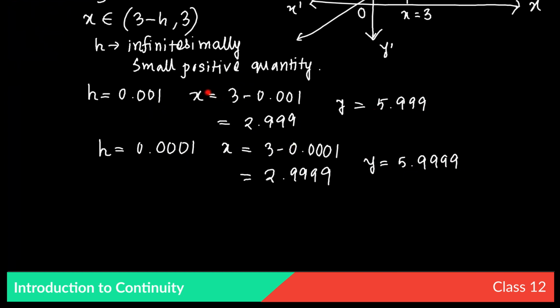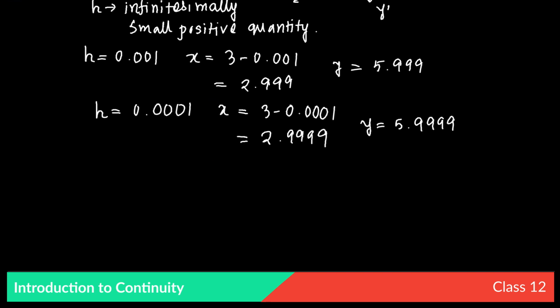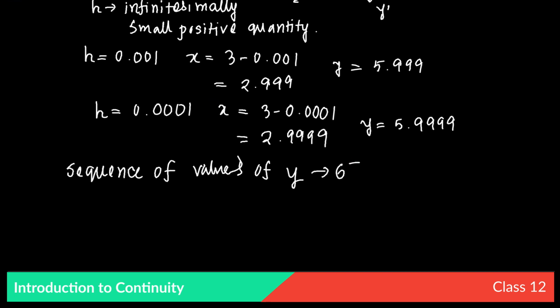So you can say that as the sequence of values of x is tending towards 3 minus, the sequence of values of y is tending towards 6 minus.